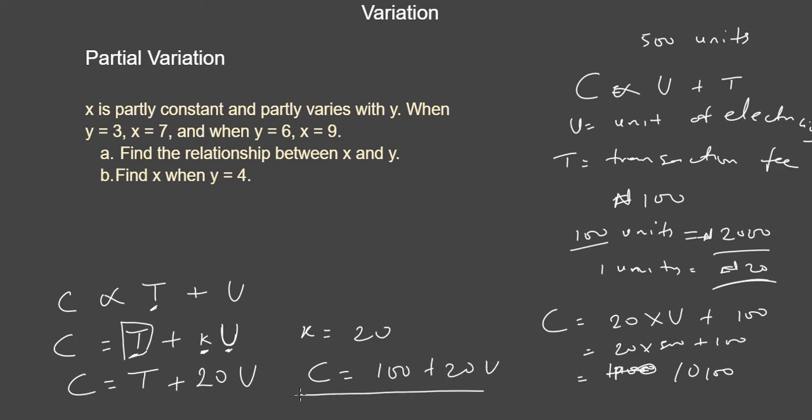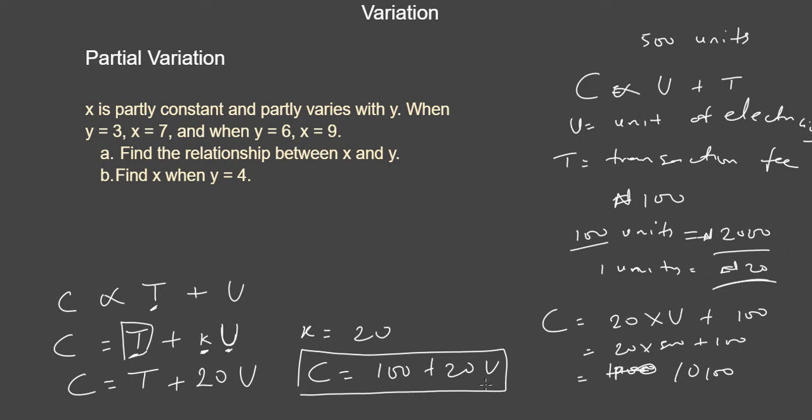So if you plug in any unit of electricity you want here, that will tell you the total amount you are going to pay for your electricity. So this is just an illustration showing you what partial variation really means. It's just a kind of relationship where what you want to find, which is the cost, is equal to a constant plus another variable. You understand? So that is what partial variation entails.